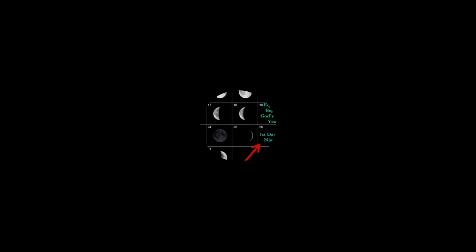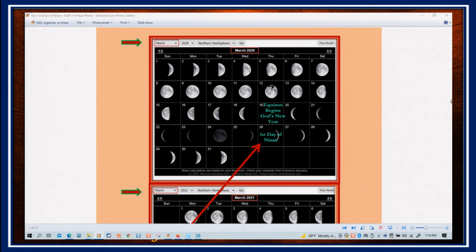Now, friends, we're going to take a look at a short video that I put together, which is going to help us see how choosing the new moon that occurs closest to the vernal equinox oftentimes creates 2 first days of Nisan in the very same solar or Shana year. Okay, friends, so now let's address this festival calendar controversy about choosing the new moon closest to the equinox in order to set the first day of Nisan and see if it has any merit.